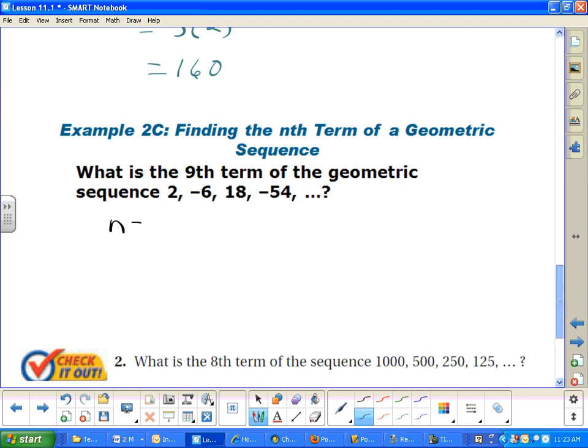What does n equal? What does a sub 1 equal? What does r equal? Maybe it'll be easier that way. Okay. So they want us to find the ninth term. So there's my n. The first term is the first term, right? Which is 2.